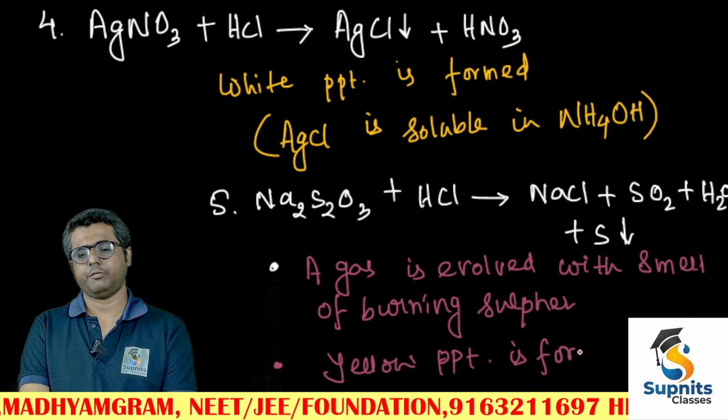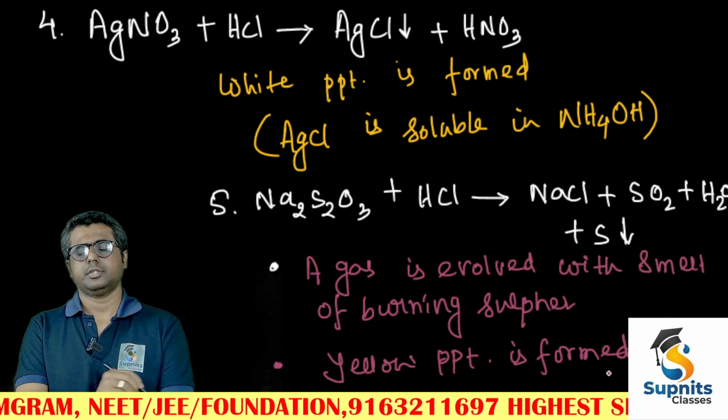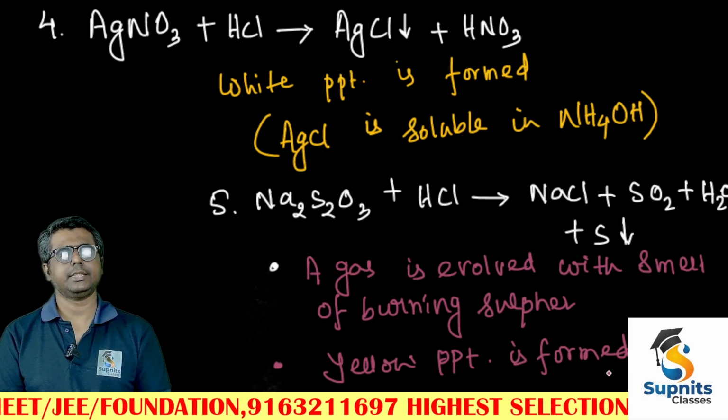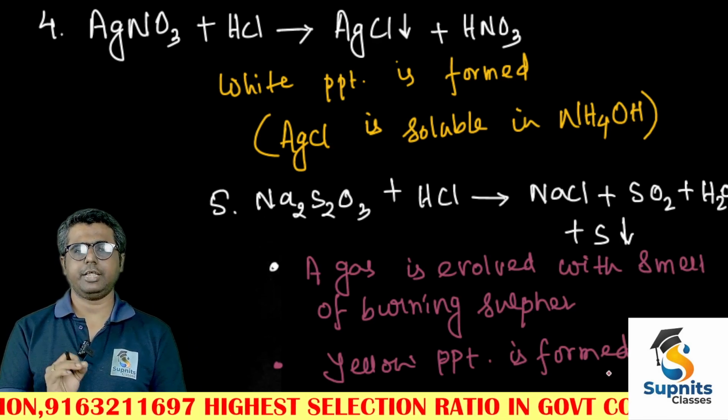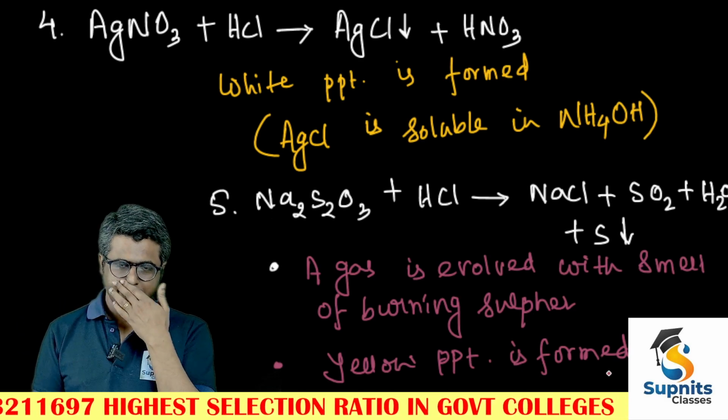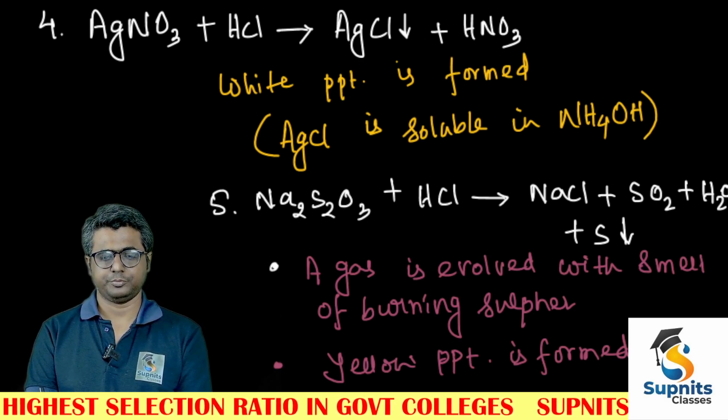So, sulfur will form that yellow precipitate, which is the case with the reaction. So, I hope we have done these 5 very important reactions, they will help you, and we are going to do more.